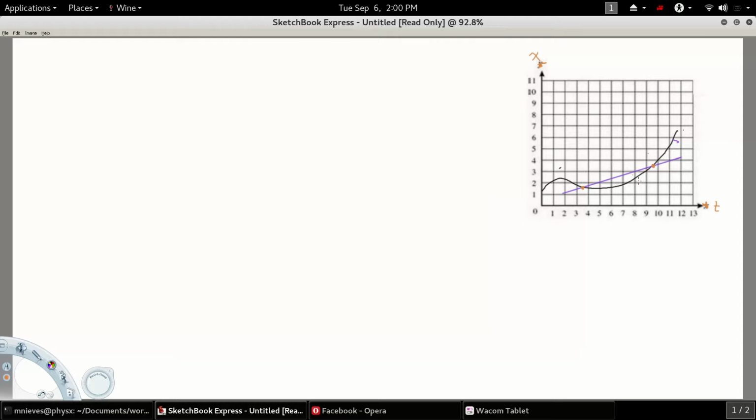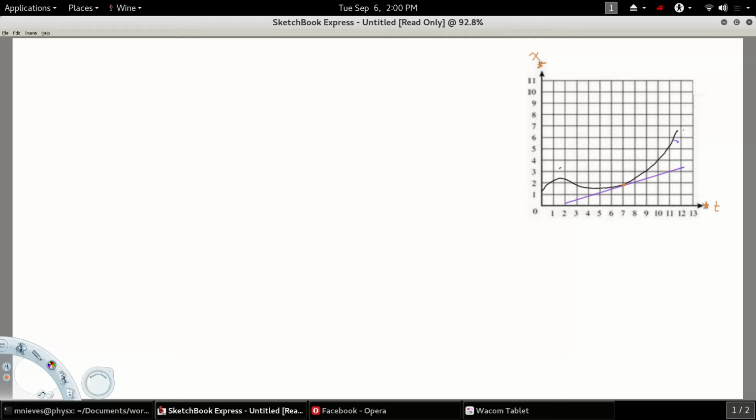Okay, so now in calculus one of our main goals is to find the instantaneous rate of change of the curve at a point. So that would be something more like this. So this line touches the curve here.